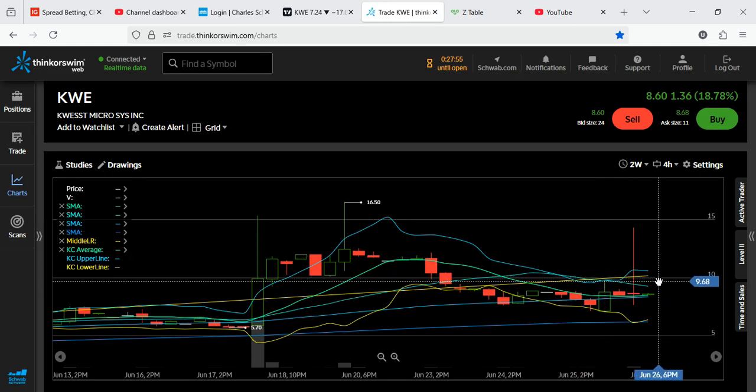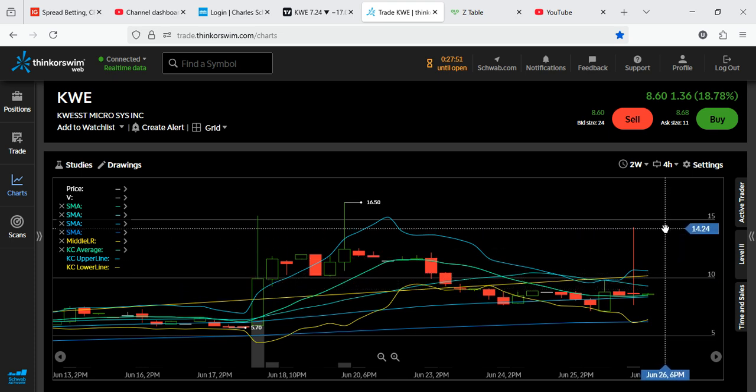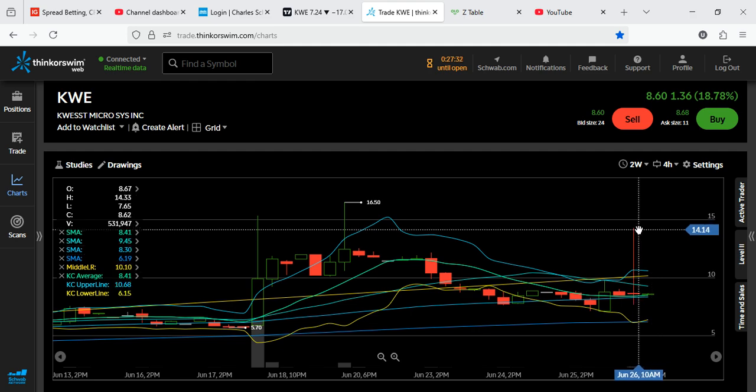So 8.6 relative to 14.28 is a decent pullback. That's at least up to a 40% discount from the high of today's session.